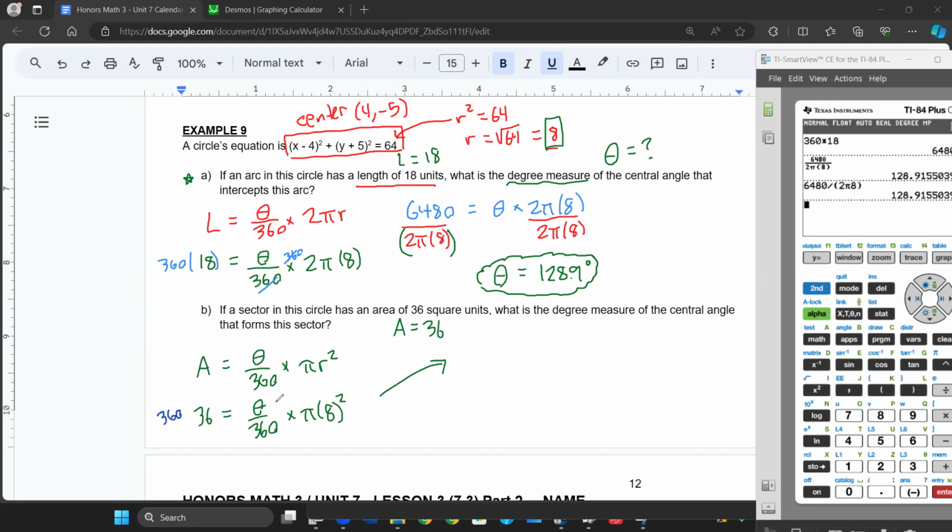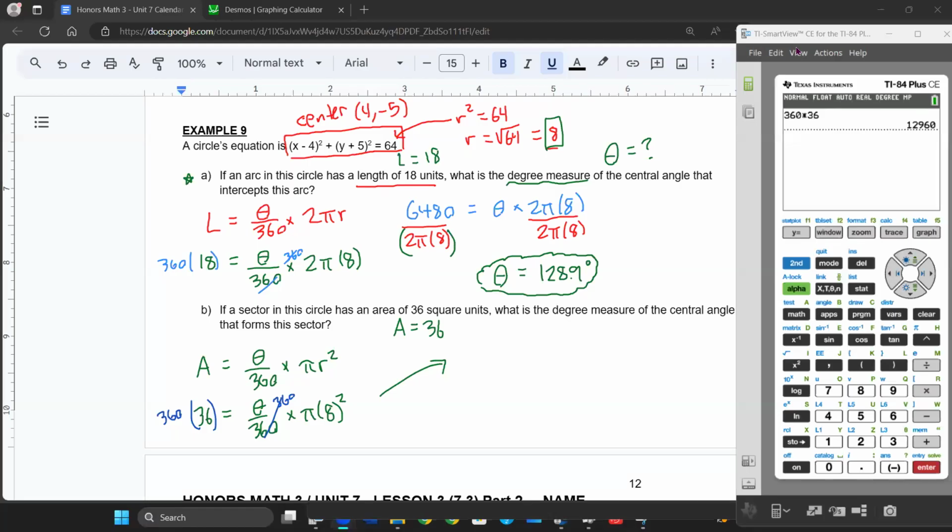It's going to be quite a large number, but cancel those out, see what you get here. And you get 12960 equals theta multiplied by pi 8 squared. And now we can divide that pi 8 squared out of there. We'll get our final answer.